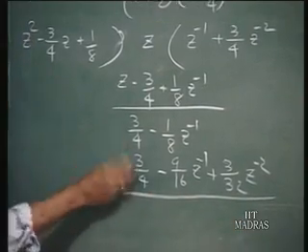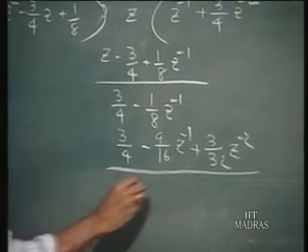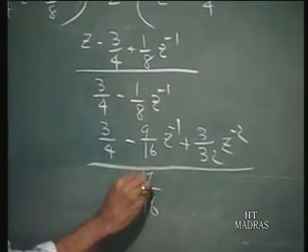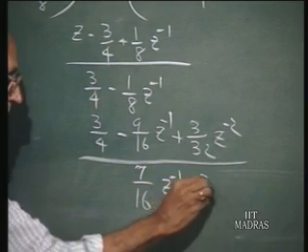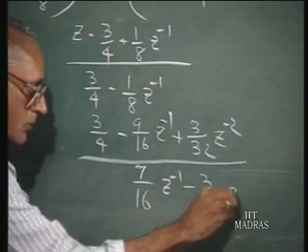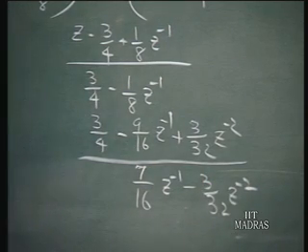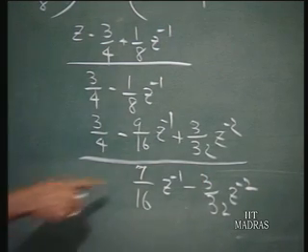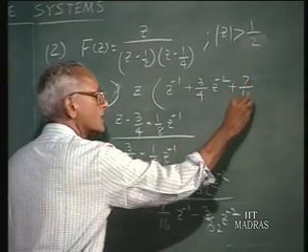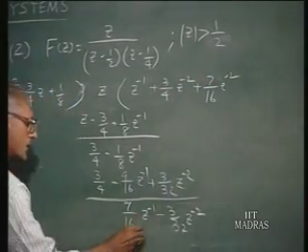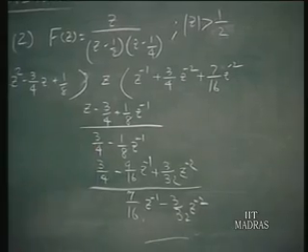Subtract from this, this gets cancelled out, and you have 7/16 z^-1 minus 3/32 z^-2. And then you want again to cancel this out, so the next term will be 7/16 z^-2, and then that will be cancelled out, and so on. You can continue like this.